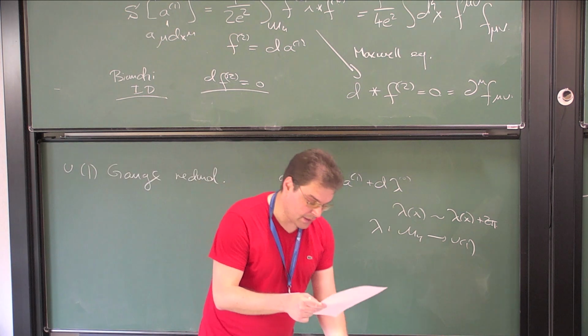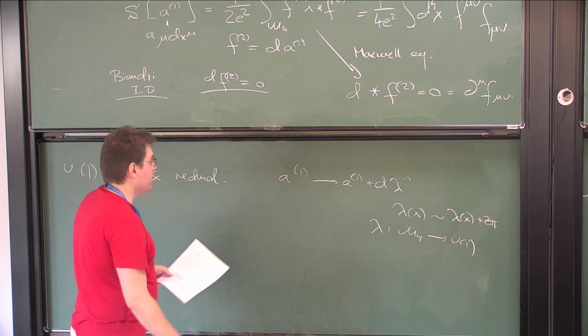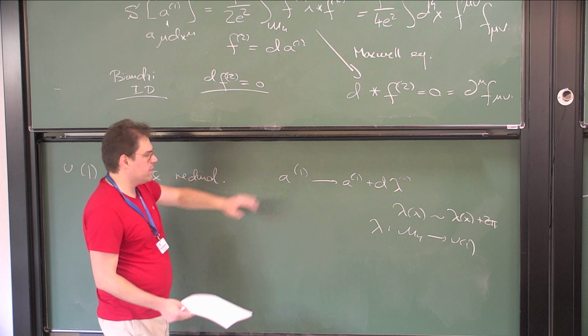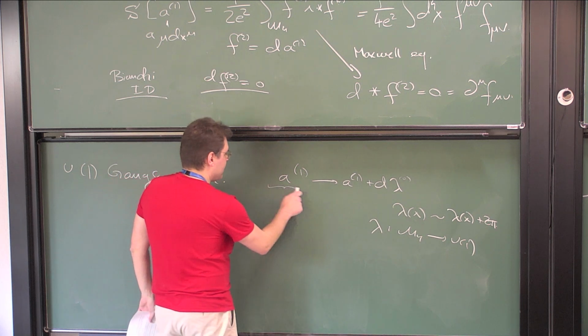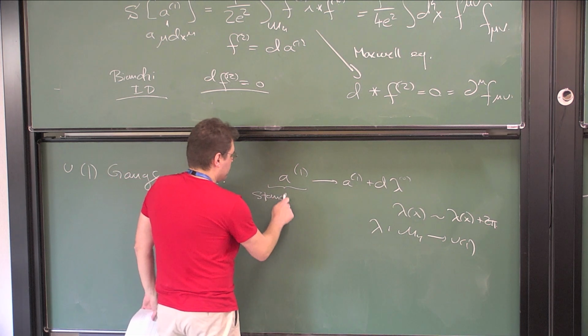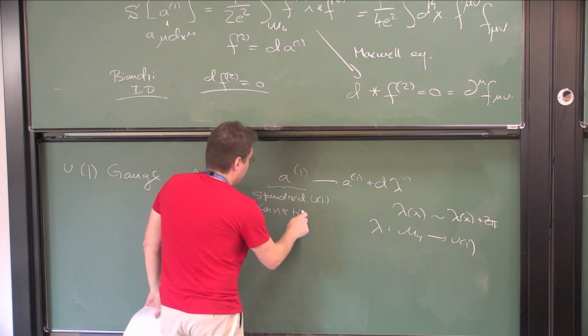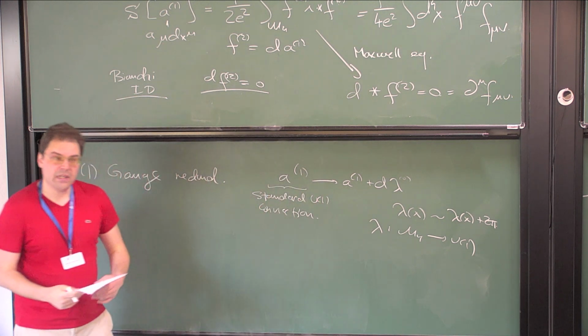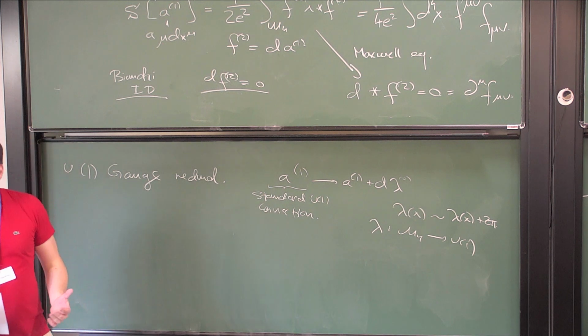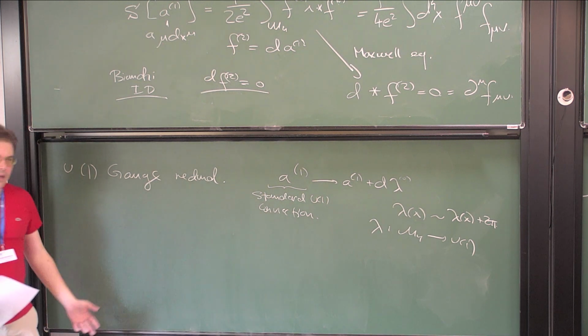Very good. So one of the interesting consequences: these transformation rules mean that A is a standard U1 connection. When one studies abelian gauge theories, there are variants of U1 connections that one encounters, spin-C connections, and so on.